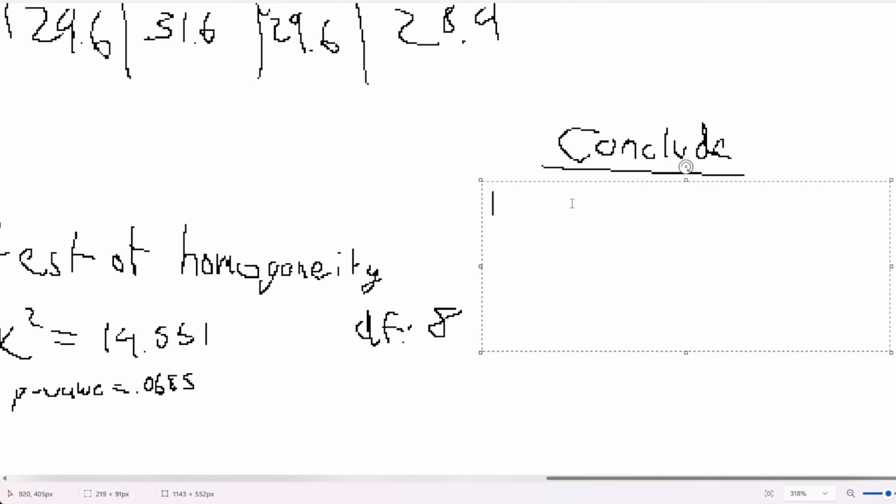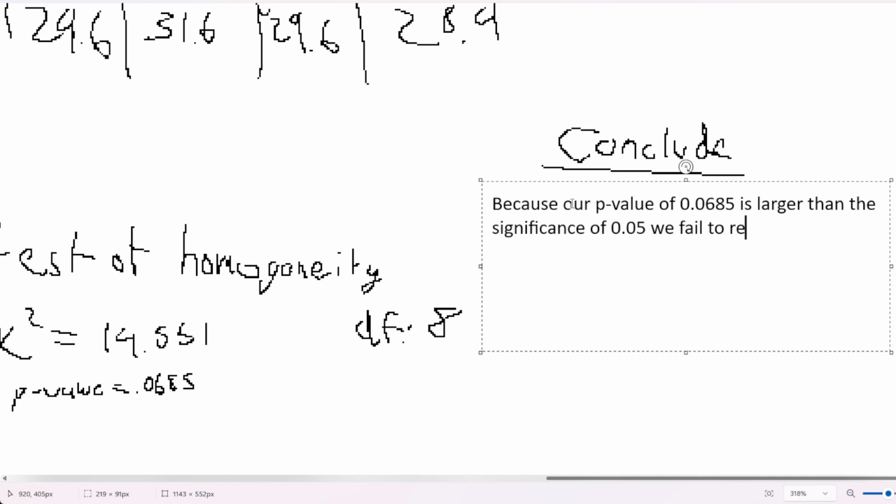And now finally, we can move on to our conclude, which is our final segment. We start with saying, because our p-value of 0.0685 is larger than the significance level of 0.05, we fail to reject our null hypothesis.